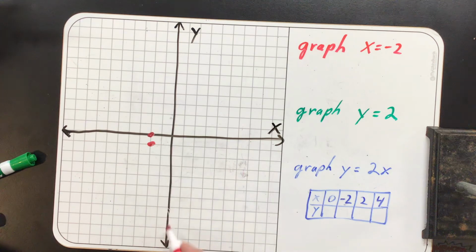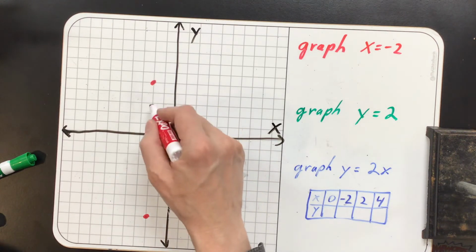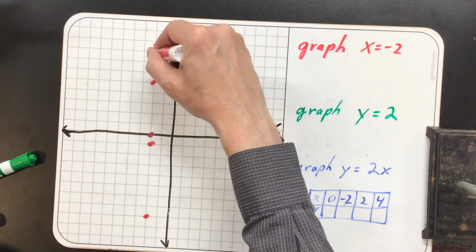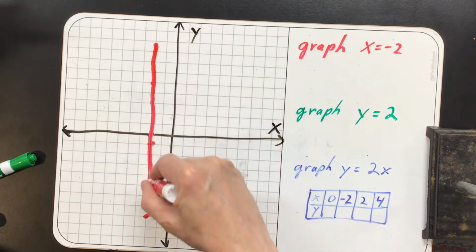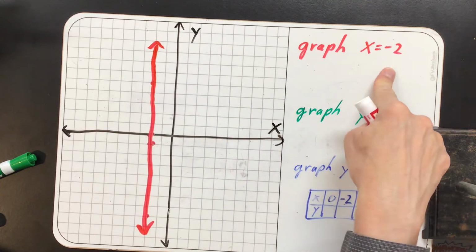If y is 1, 2, 3, 4, 5, 6, 7, 8, I know that x is negative 2. If y is positive 5, I know x is negative 2. x is always negative 2. So this is the graph for x equals negative 2.